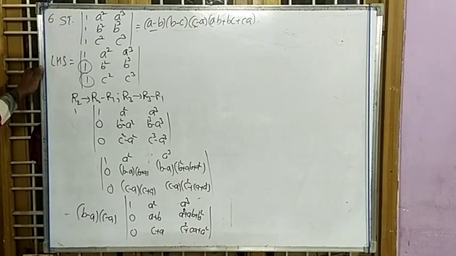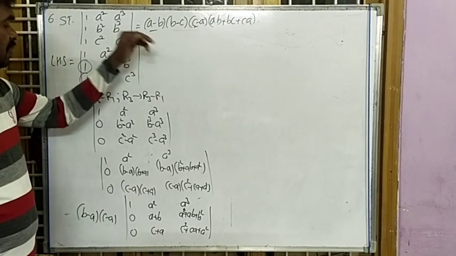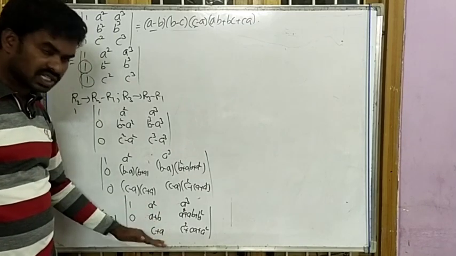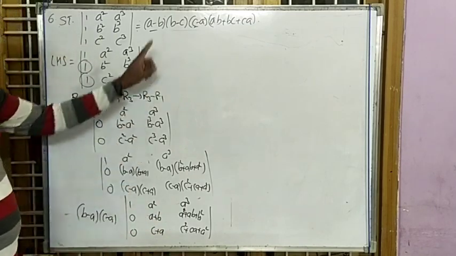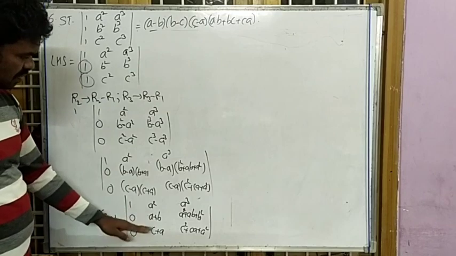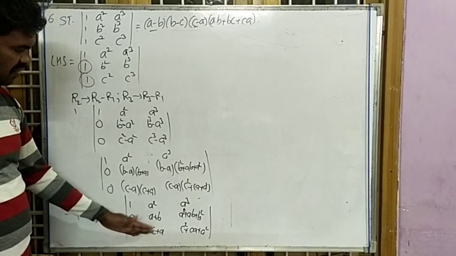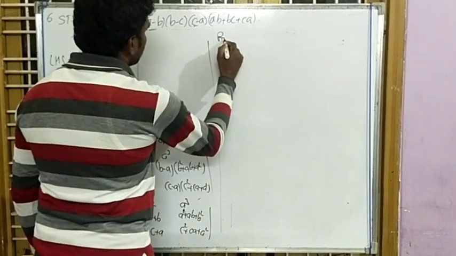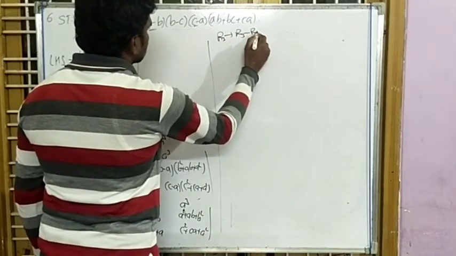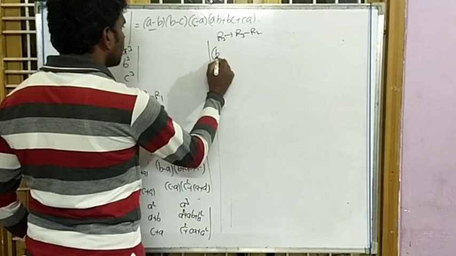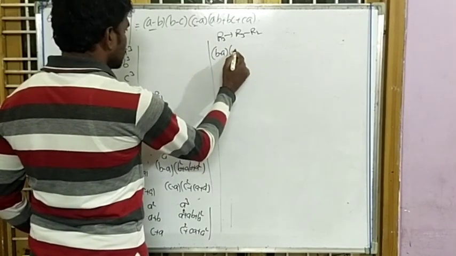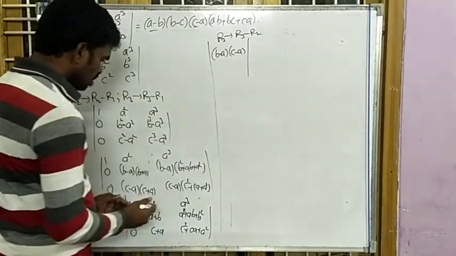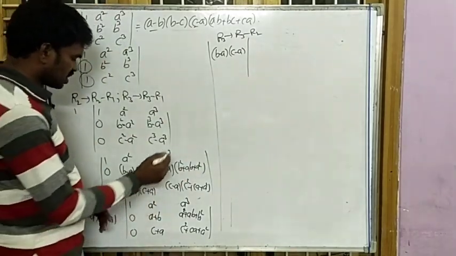And B minus C is required. So, do the second row minus the third row. B minus C, so C minus B we get from R3 minus R2. So, R3 becomes R3 minus R2. First, B minus A and C minus A are as they are. The first row and second row I am not disturbing.